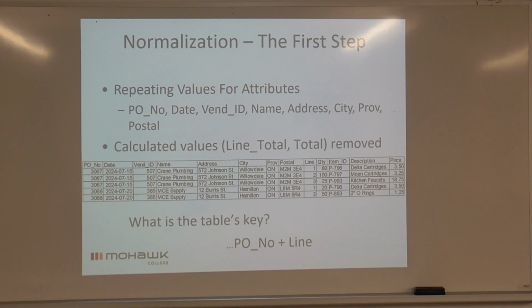Those were eliminated under the first normal form. We have PO number, we have line number, and we have both. Let's get categorizing.